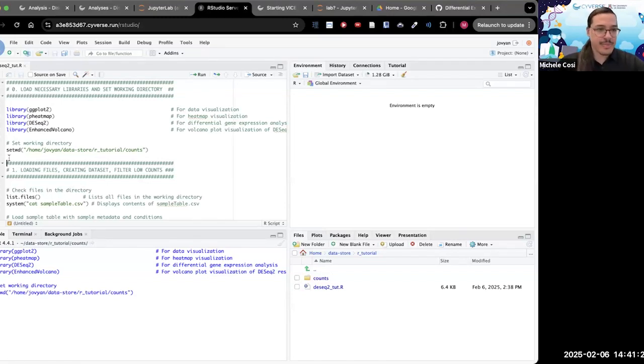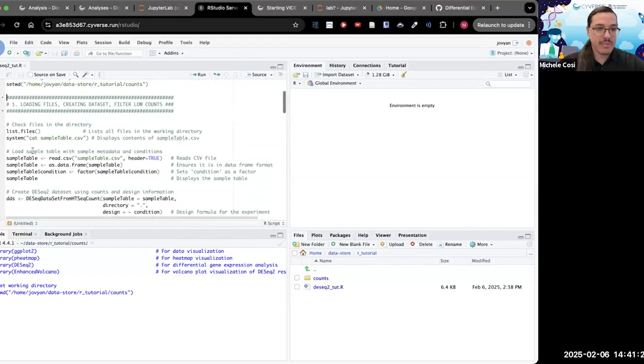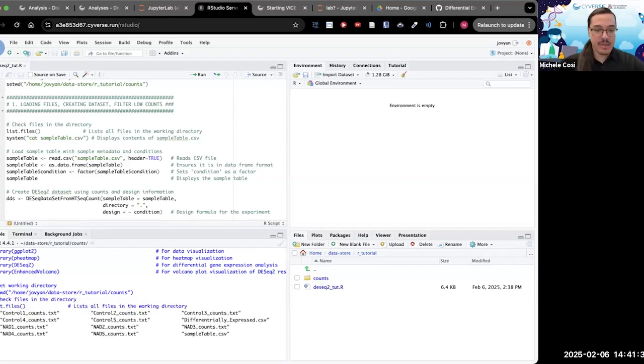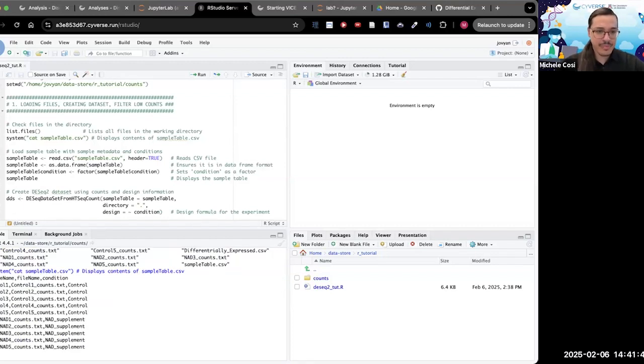So this is basic R. Everything should be pretty straightforward. Next thing we do is we can list the files in case we want to know what they are, but we have already really seen everything that we need. And we can even look into the files using system.